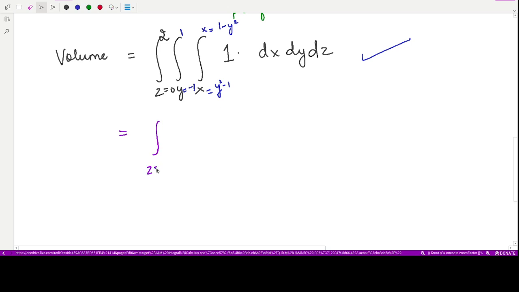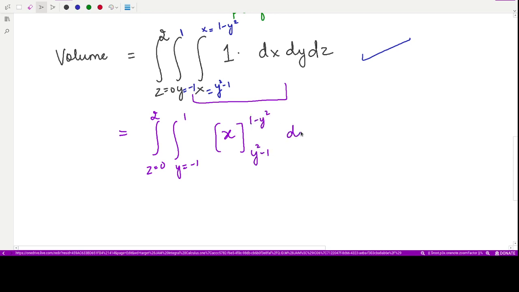So let me write down the limits for z and y because they will be as such, and we will be solving first of all this much portion. So when you perform this integration, you have x, and the limits of integration are from y square minus 1 to 1 minus y square, and dy dz as such. So when you substitute the limits here, let's see what we get.